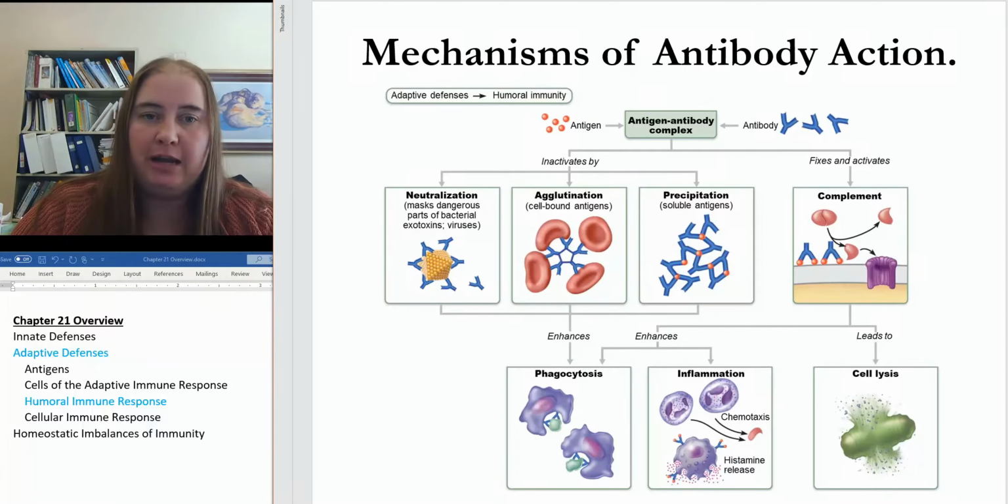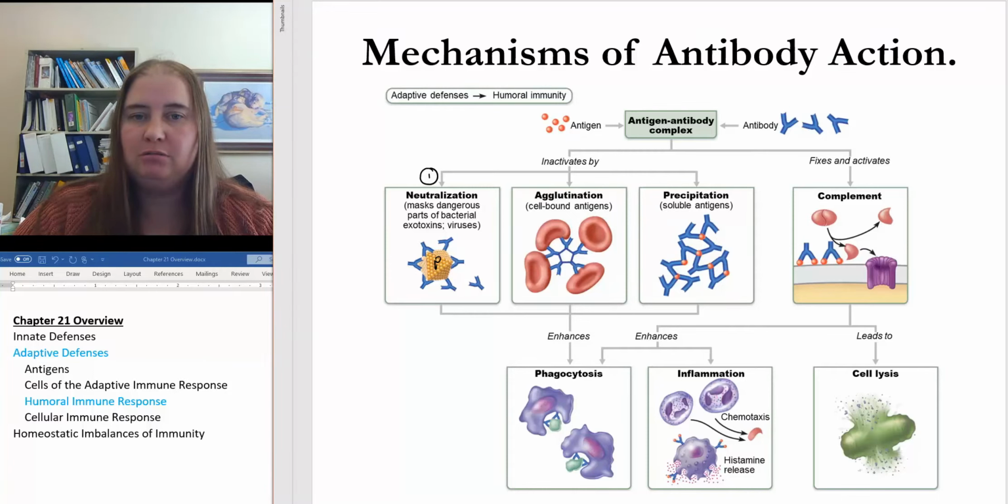So here's our antigen, here is our antibody, and these are going to bind to each other, okay? So they can do one of 2 things. They are going to neutralize. Essentially, here's our pathogen, and this antibody will coat the pathogen.